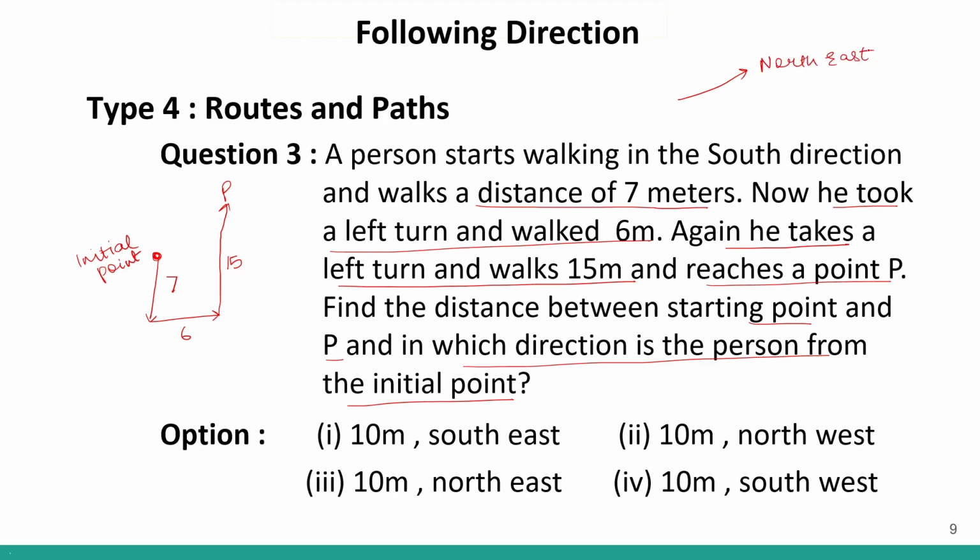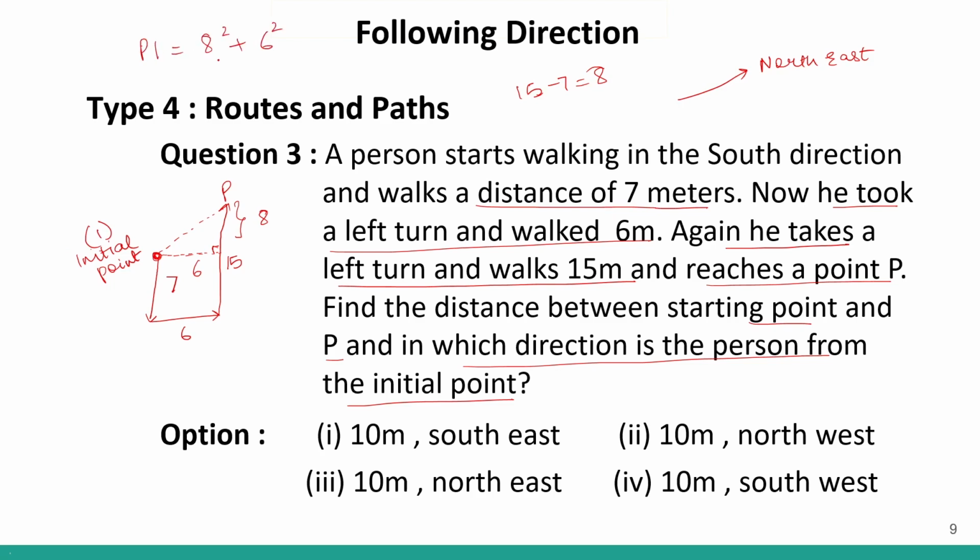Now let us check for the distance. We will use the Pythagoras theorem. So let me draw a right angle triangle. If this is 7 and this is 15, this distance will be equal to 8. So this will be 8, and this we already know is 6. So according to the Pythagoras theorem, let's say the initial point is I. Distance between P and I will be 8 square plus 6 square.